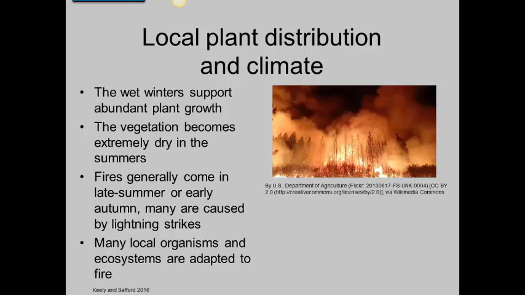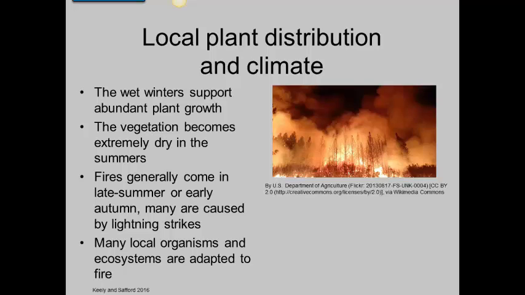Many of the fires are caused by lightning strikes, so there's not a lot of rain in the summer months, but occasionally there are thunderstorms in the mountains that are associated with lightning. So those lightning strikes are responsible for a lot of the forest fires in Northern California and throughout the state.